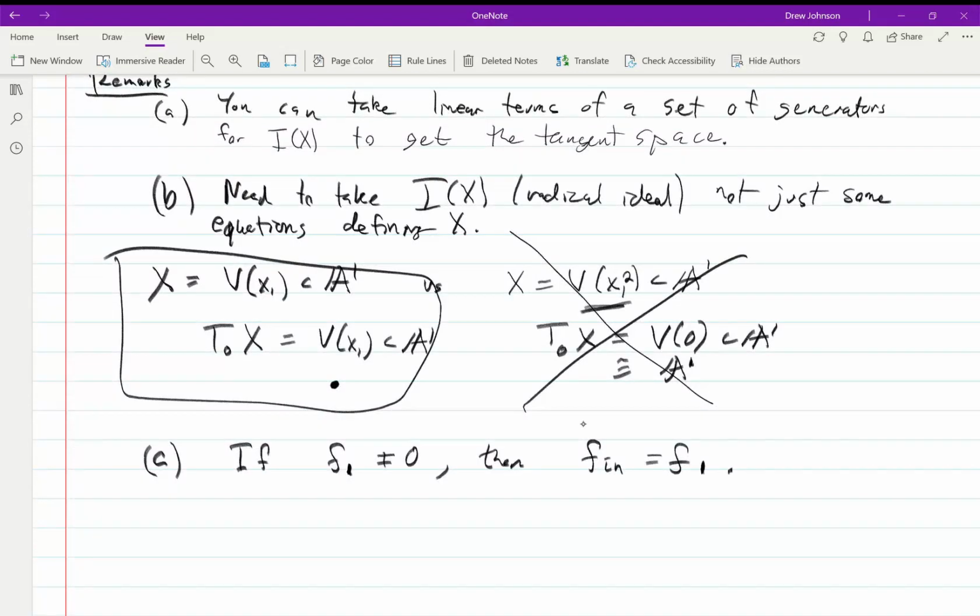Okay, this implies for us that the tangent cone of X is always contained in the tangent space. Right, every function that's defining the tangent space also applies to the tangent cone by this remark, but the tangent cone might have more things.